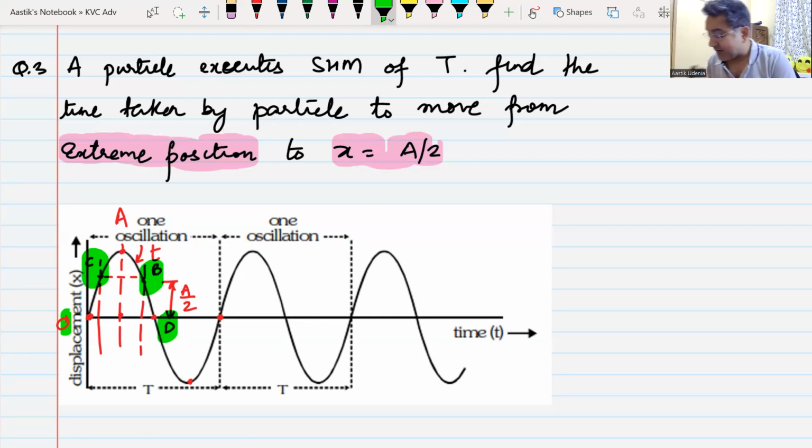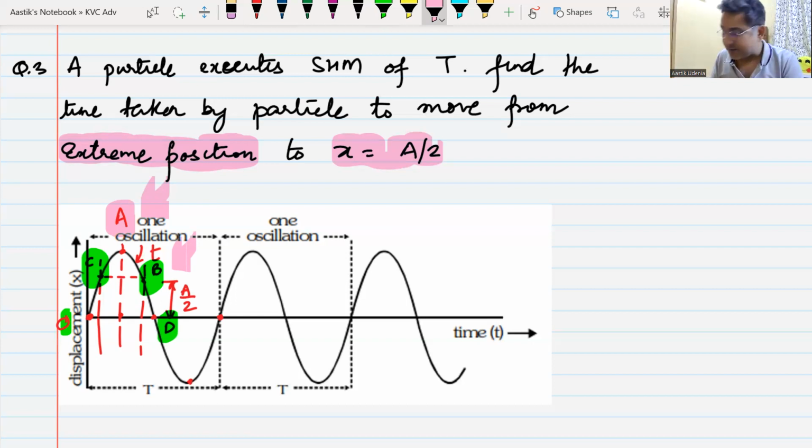Now, to find this time t, which I have to find from A to B, what do I do? Either I use the sine wave and find the position, or I just start my wave from A, and then it becomes easier to find this time t.